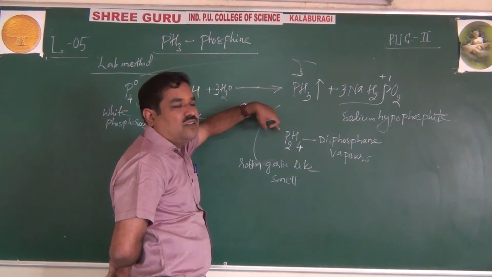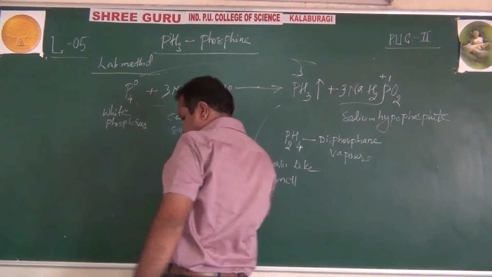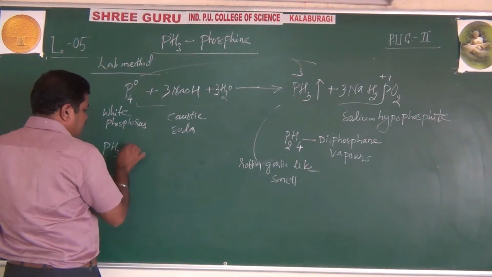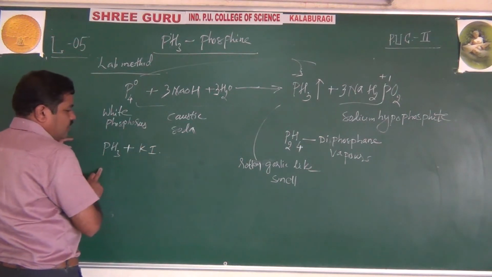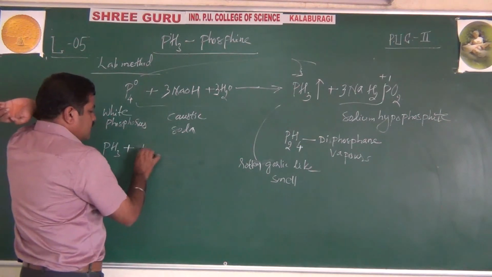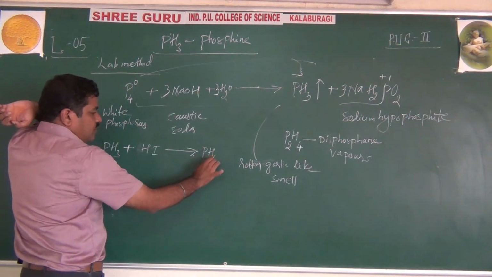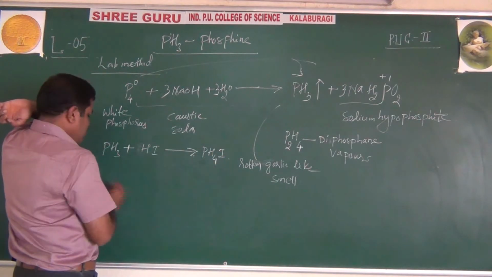Highly combustible. So to make it pure, this phosphine is treated first with HI, which forms PH4I, phosphonium iodide.